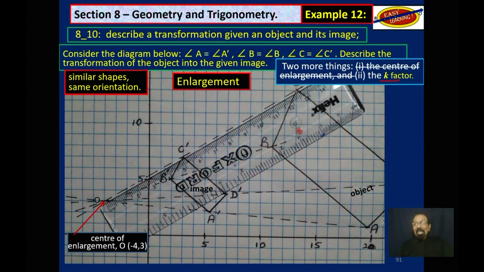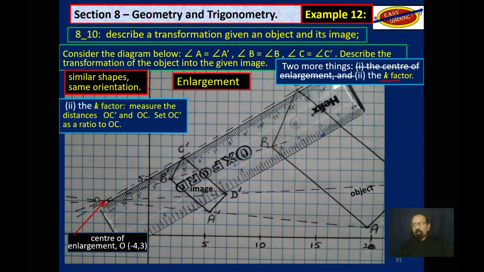You have 8 options. Use any one of these lines or use any pair of corresponding sides. I am using this one line here. I can easily measure from here to there. That will be the image distance. And I can measure from here to there. That will be the object distance. So I measure that and I get 5 centimeters. That's the image distance.